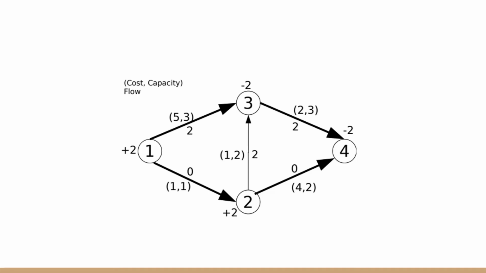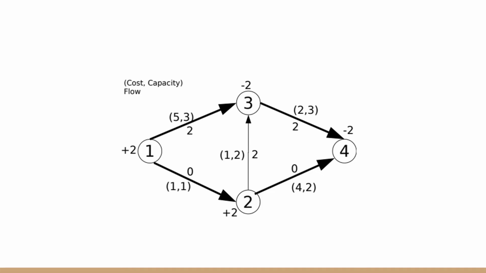Then we follow the same steps. The undirected cycle that we found here is 1, 2, 4, 3, and then back to 1. So the minimum residual capacity is 1.